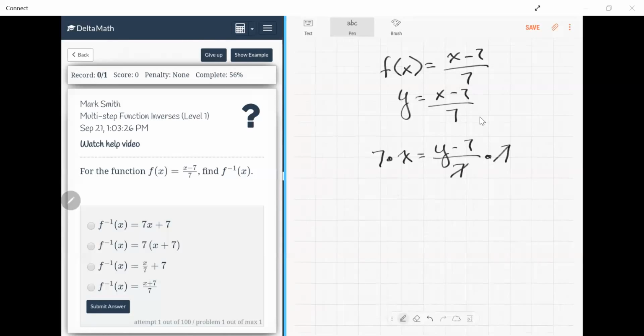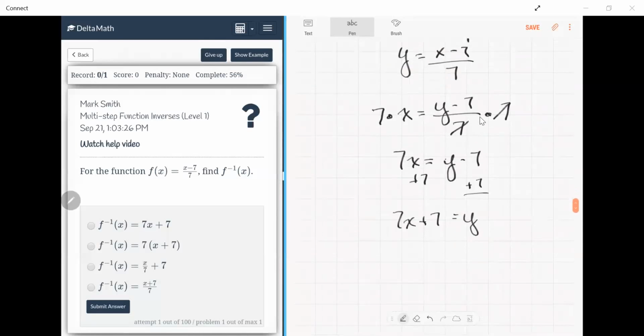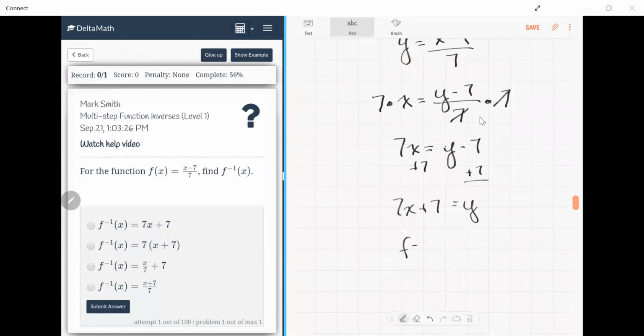Those cancel out. So now I have 7x equals y minus 7. Then I add 7 to both sides. So I get 7x plus 7 equals y plus 7 over here. And then I write it in function notation, equals 7x plus 7. And again, it's the first one. Seeing a pattern here maybe.